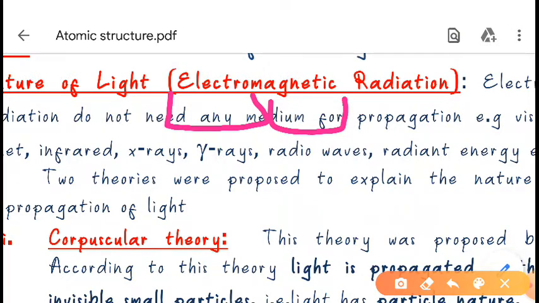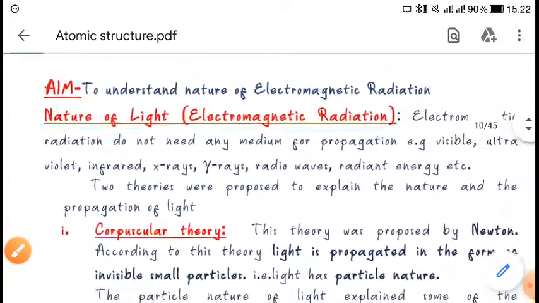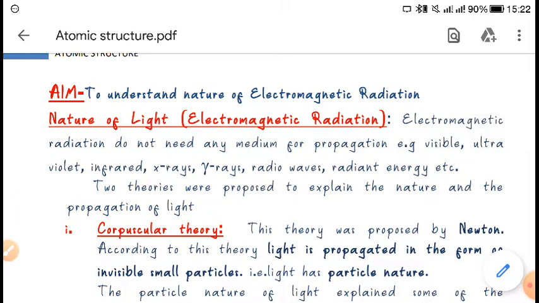We can say like this: when an electrically charged particle moves under acceleration, alternating electric and magnetic fields are produced and transmitted.